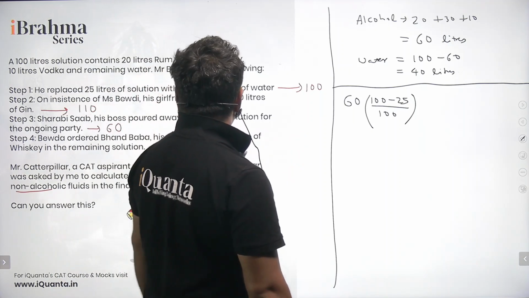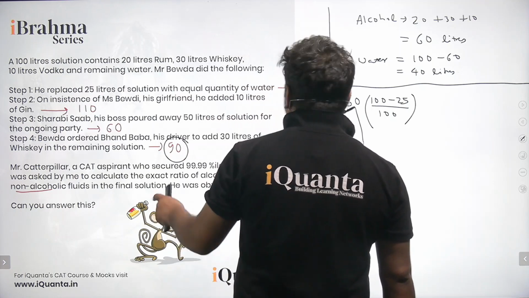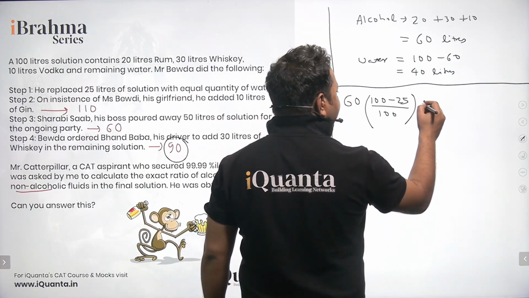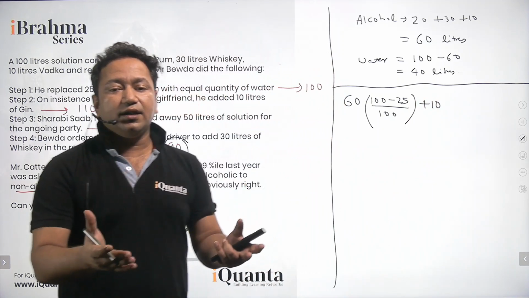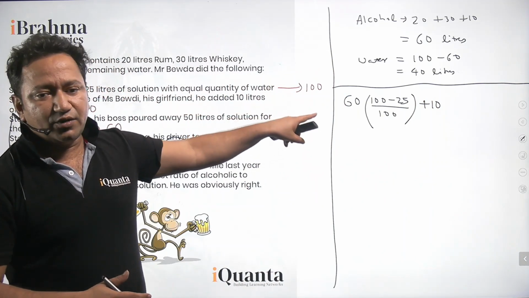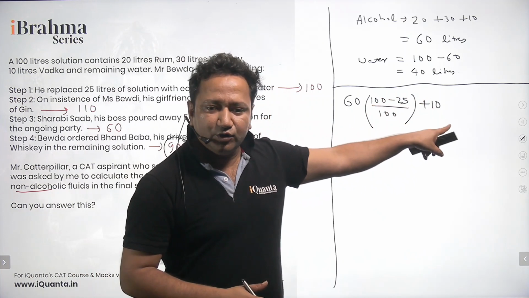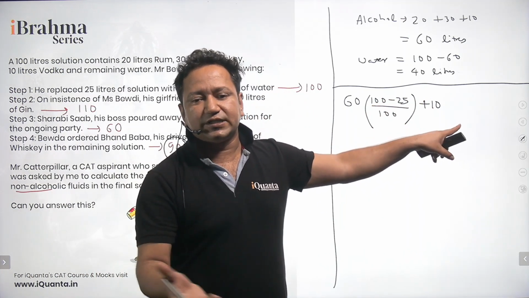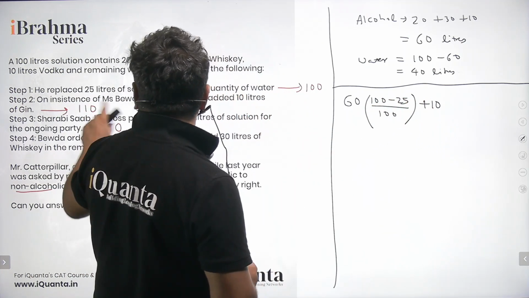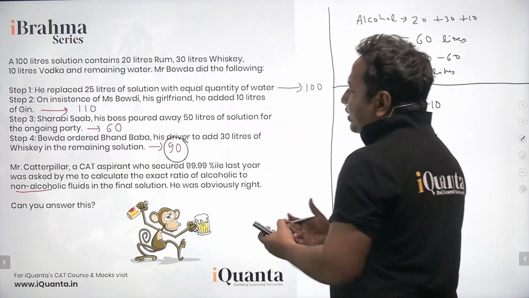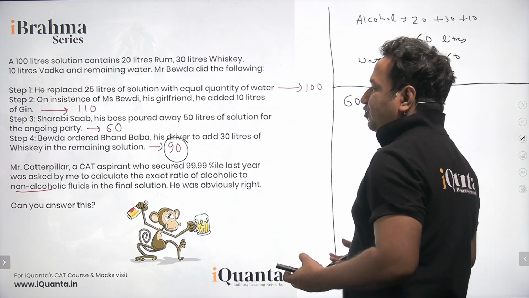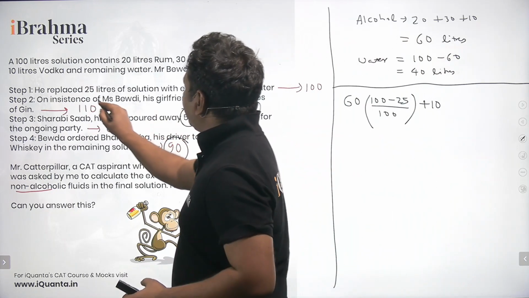Now coming to step 2. In step 2, Miss Bewdi added 10 liters of gin, which is alcohol, and because I'm calculating the amount of alcohol, that is why I can add 10 to it, because of course 10 liters of gin is again alcohol. In step 3, his boss poured away 50 liters of solution for the ongoing party. 50 from what? From 110.